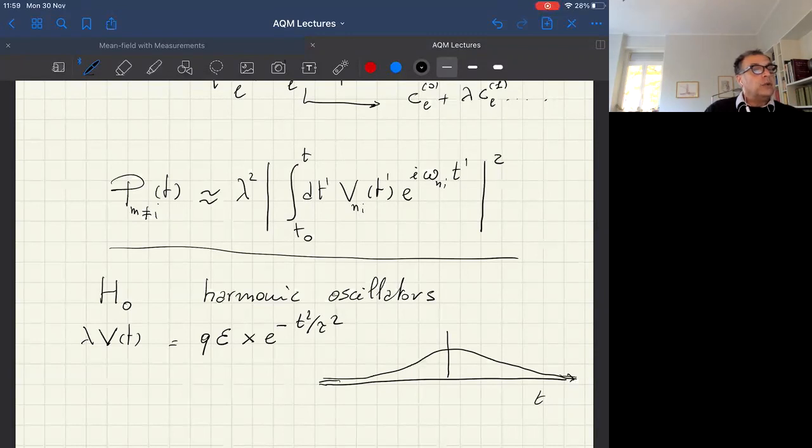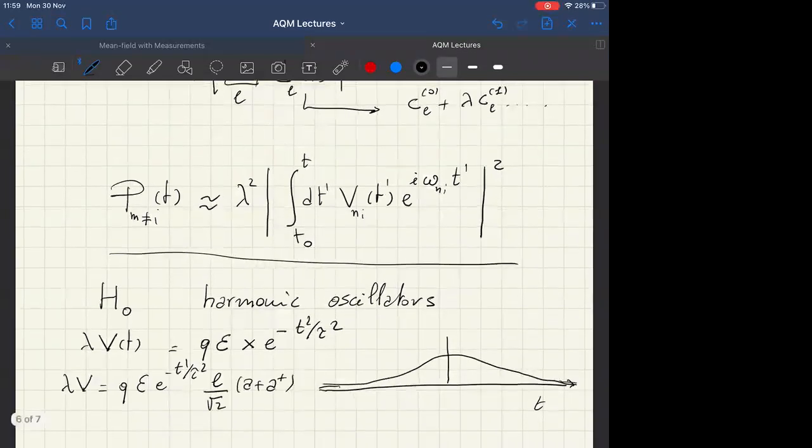So how do we do perturbation theory? Well, it is best to write lambda V using the creation and annihilation operators, which is q epsilon e to the minus t squared over tau squared. Then you have L over square root of 2, and then you have A plus A dagger, okay, from the x.